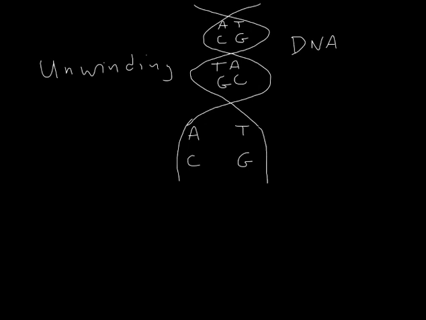The next process is known as pairing. When the free nitrogen base pairs that are found inside the cytoplasm will pair up with the available nitrogen bases on the exposed strand, such that a free thymine nitrogen base will bond with an adenine, and a free guanine nitrogen base will bond with a cytosine.